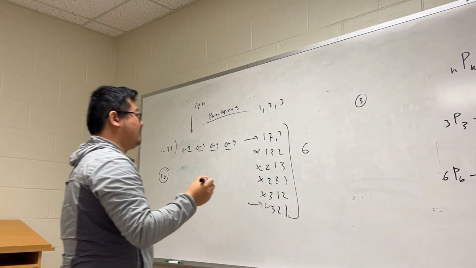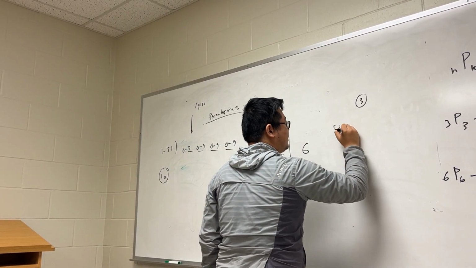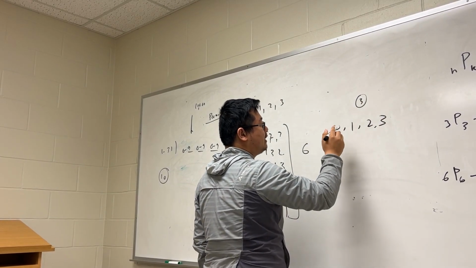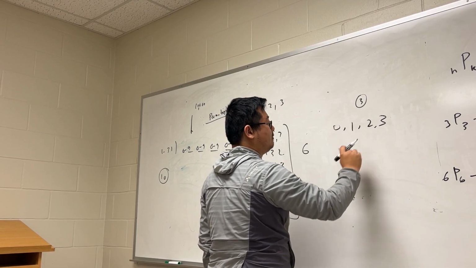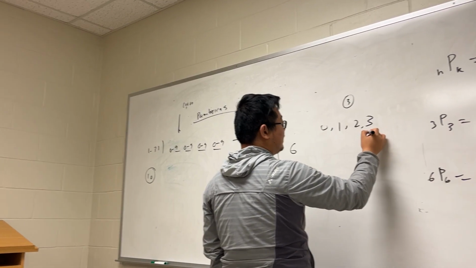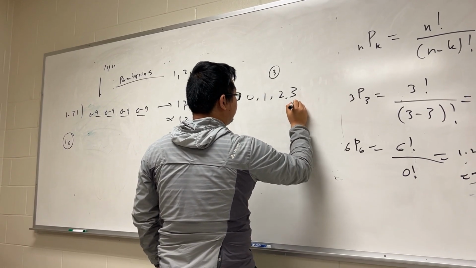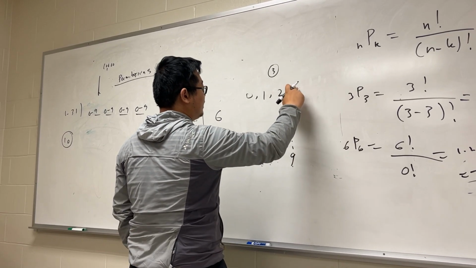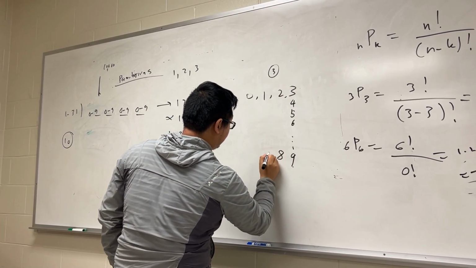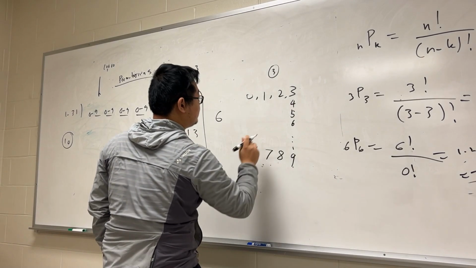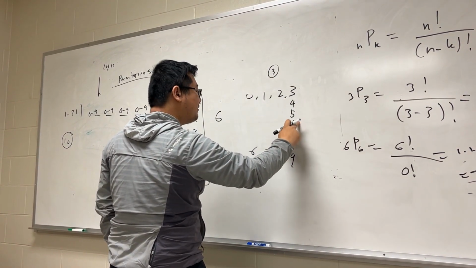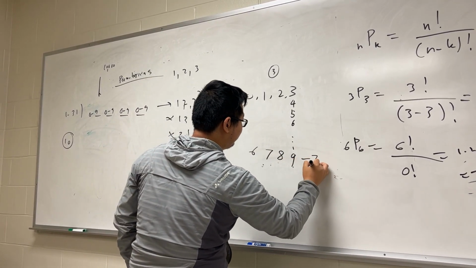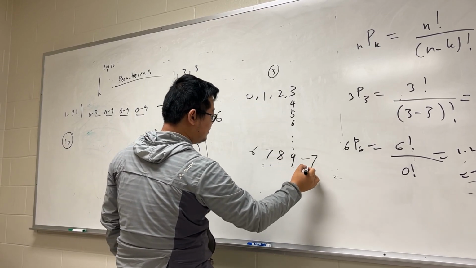So if we think about it, the first combination is 0, 1, 2, 3, since that's definitely ascending and consecutive. And if we just write out the last digit, it would be 4, 5, 6, taken up to 9, so there will definitely be 7 for ascending sequences.